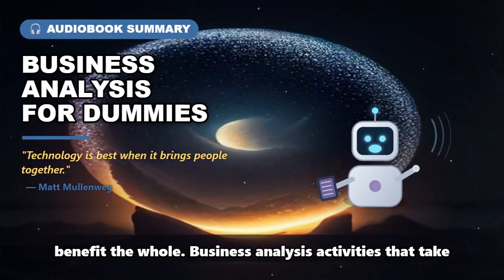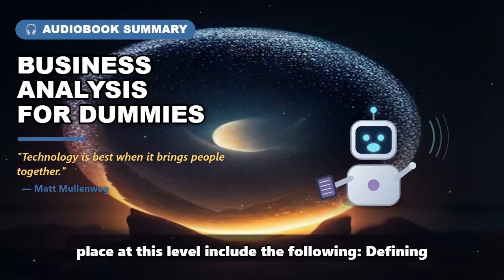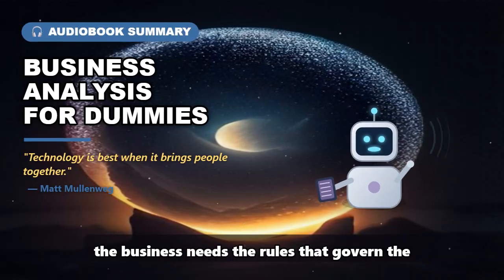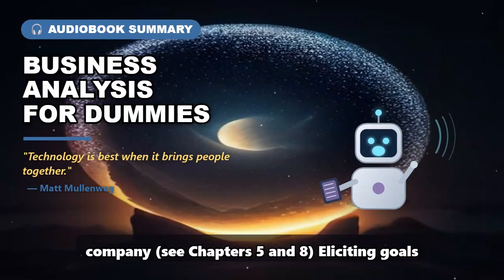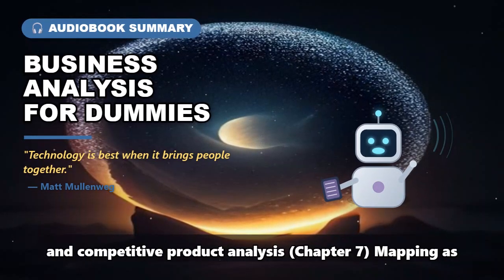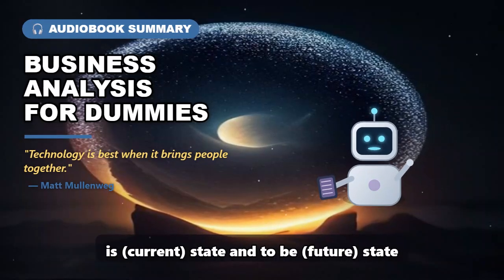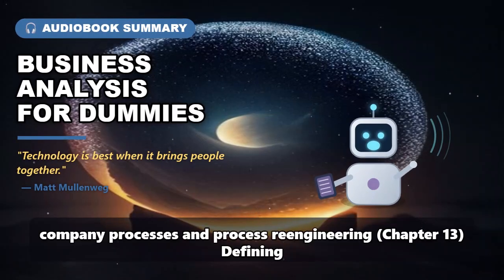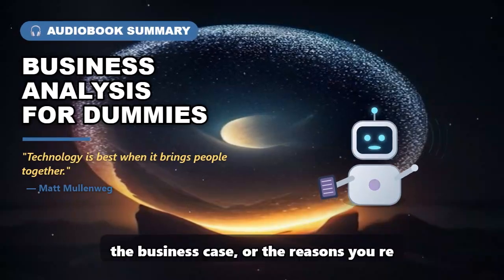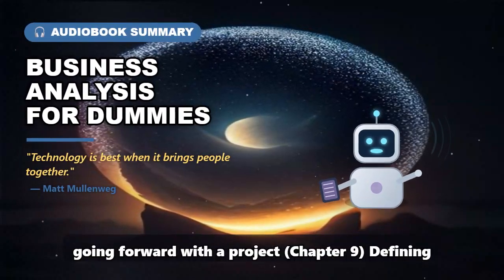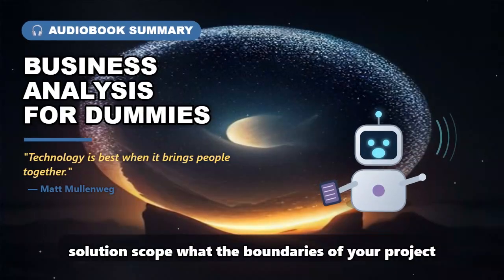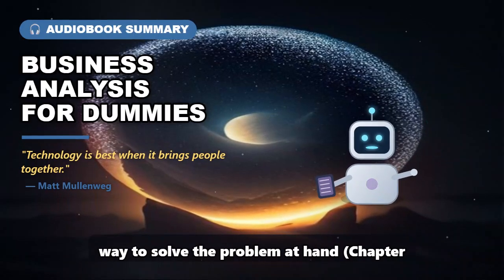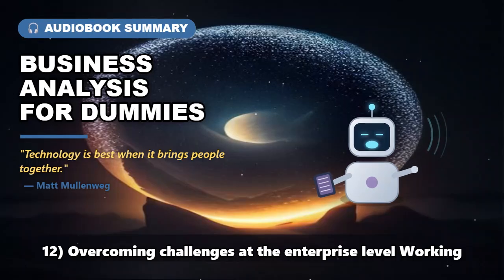Business analysis activities that take place at this level include the following: defining the business needs, the rules that govern the company, see Chapters 5 and 8; eliciting goals and competitive product analysis, Chapter 7; mapping as-is current state and to-be future state company processes and process reengineering, Chapter 13; defining the business case, or the reasons you're going forward with a project, Chapter 9; defining solution scope, what the boundaries of your project are, Chapter 10; determining solution approach, or the way to solve the problem at hand, Chapter 12.